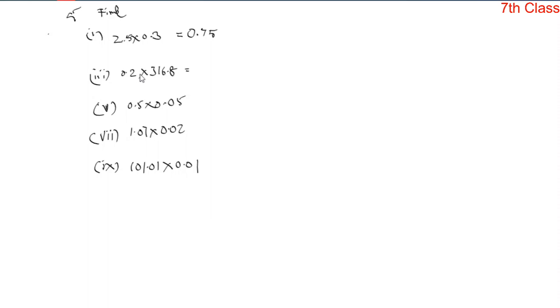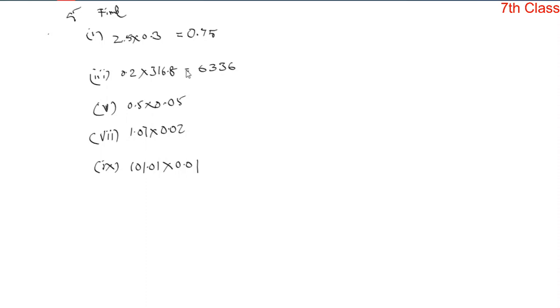Now next. So 0.2 into 316.8. So here also multiply them as whole numbers. 2 into 3168. 2 8s are 16. 1 is there. 2 6s are 12 plus 1, 13. 1 is there. 2 1s are 2 plus 1, 3. Nothing is there. 2 3s are 6.